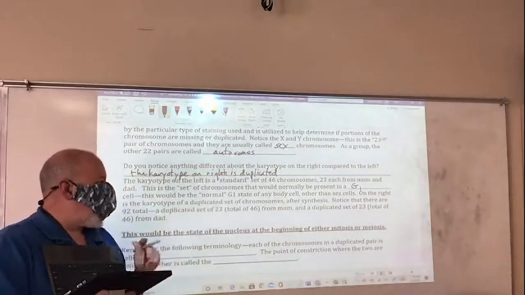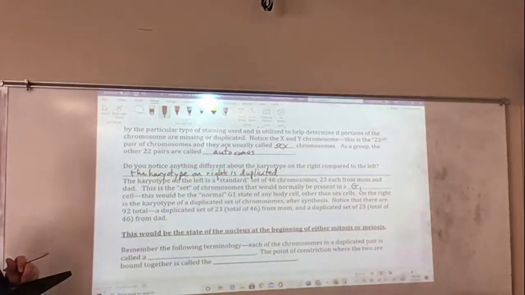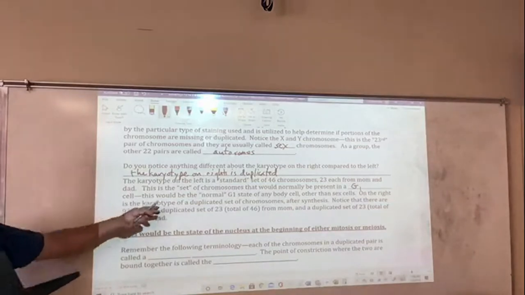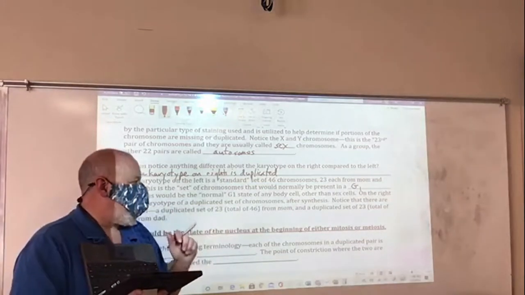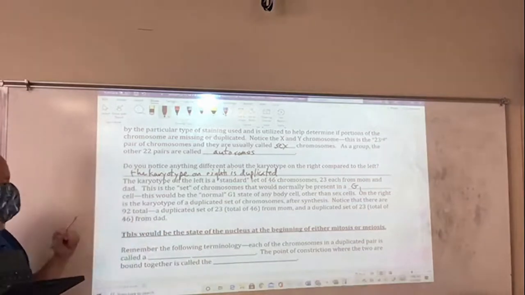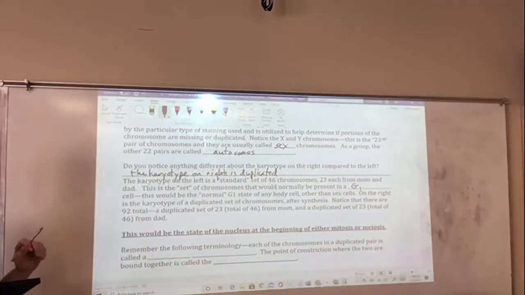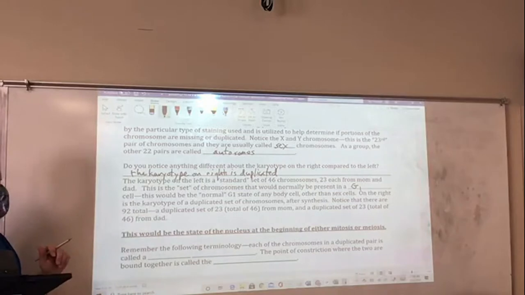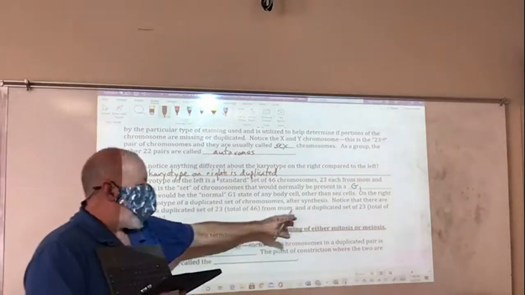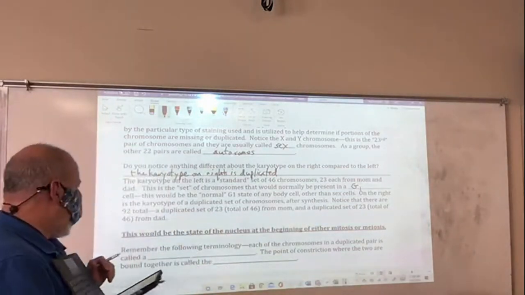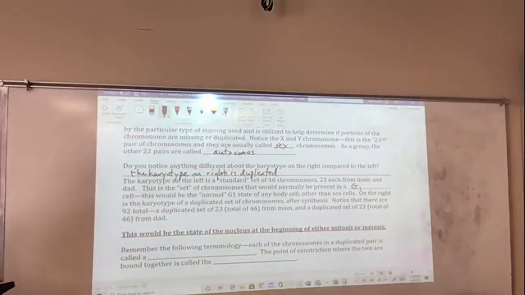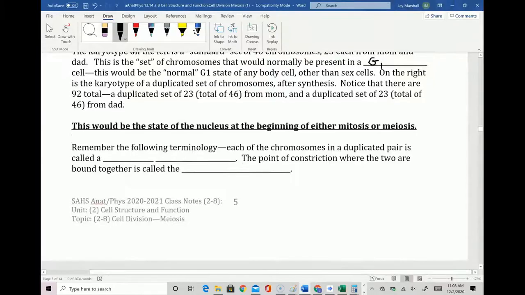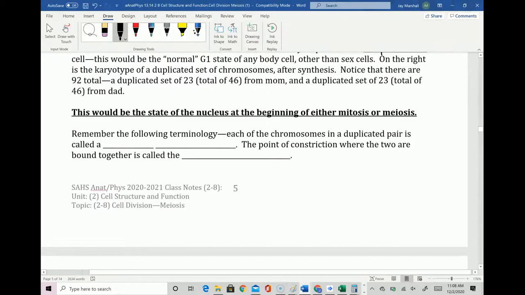This would be the normal G1 state of any body cell other than sex cells. On the right is a karyotype of a duplicated set of chromosomes after synthesis. Notice there are 92 total chromosomes, a duplicated set of 23 from mom and a duplicated set of 23 from dad. Again, this would be the state of the nucleus at the beginning of either mitosis or meiosis.